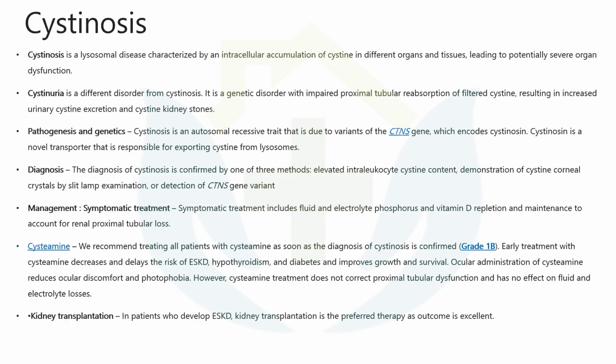In the kidney, basically there will be cystine stones, and finally obstructive uropathy, and the kidney tissue will be damaged based on how much this obstructive uropathy has impacted the kidney. So this is the major mechanism, and ocular administration of cysteamine also reduces ocular discomfort and photophobia.